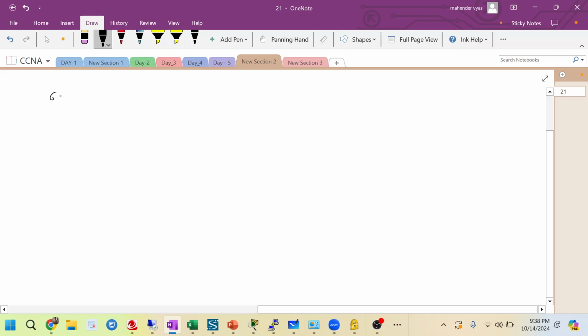The requirement is 64 users now, and we will do class C. The default address is 192.168.0.0 and the default mask is 255.255.255.0. With this, how many addresses are we getting? 256 addresses, but our requirement is 64 addresses only.